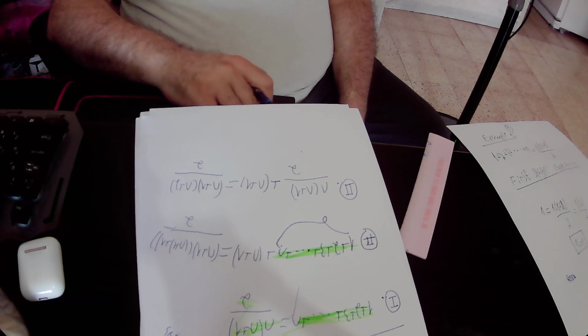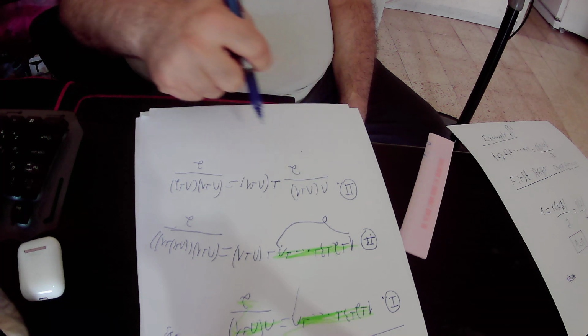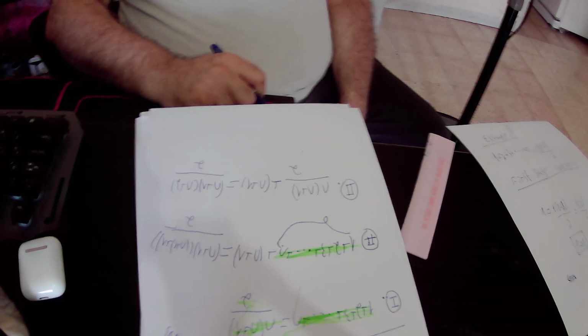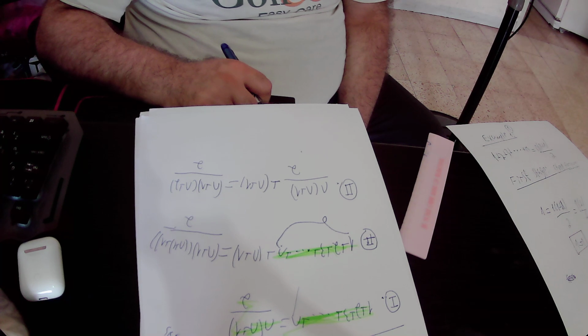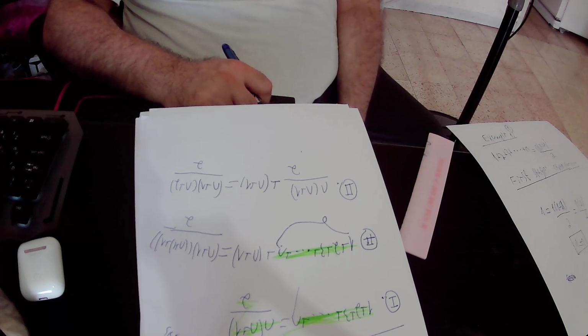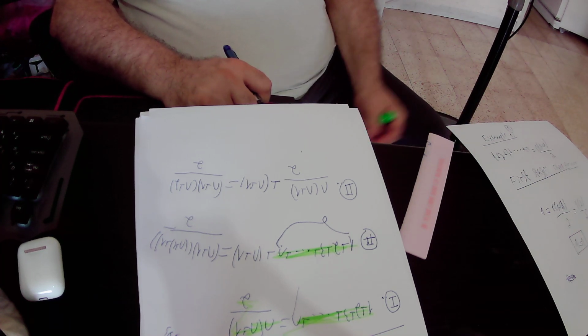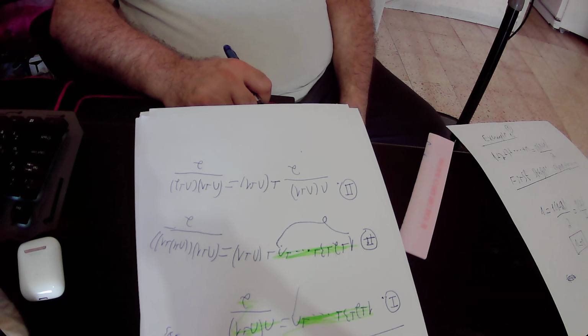Okay, so we have to prove that the second equation is true. And in order to prove it, we will divide both sides of the equation by n plus 1.